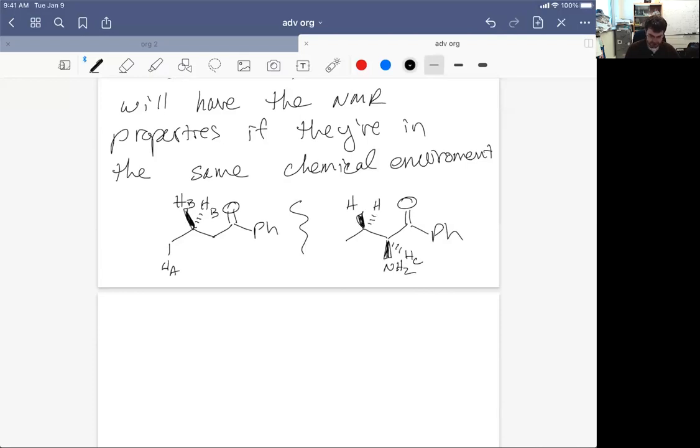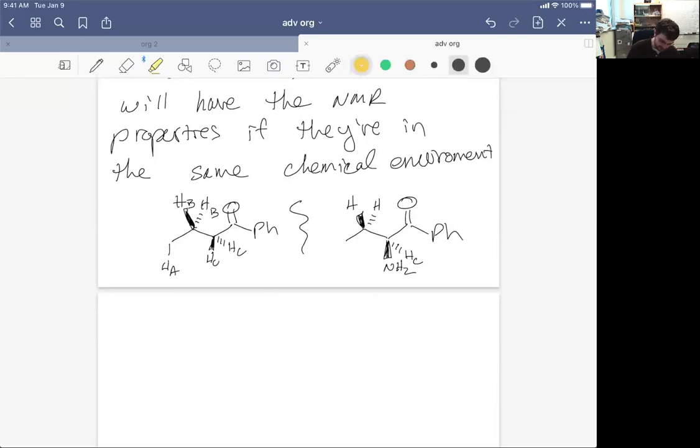these two hydrogens. So it's all about being in the same chemical environment. And I loosely describe that as, okay, the hydrogens in this first molecule I drew, one's attached to a CH3, the other's attached to a CH2. More broadly, we could say that both HBs are equidistant from the HCs. So the HB that's drawn with a wedge is the same distance away from HC with a wedge as HB with a dash is from HC with a dash.